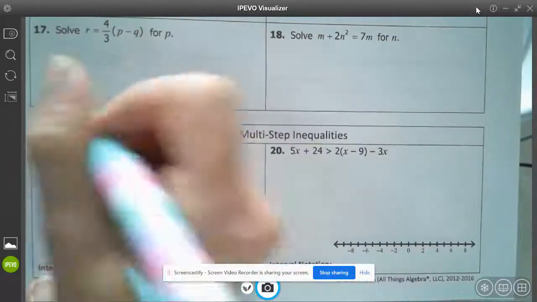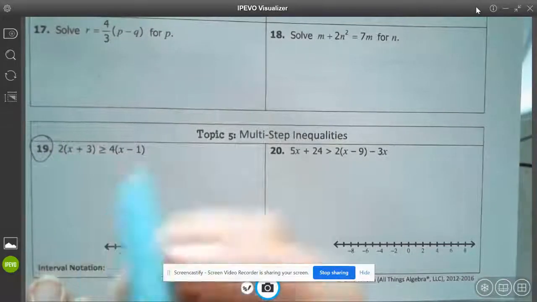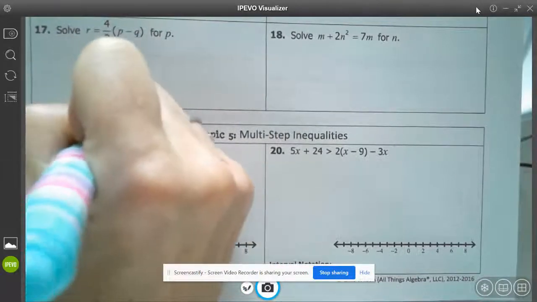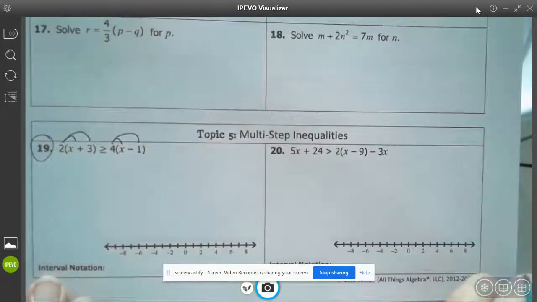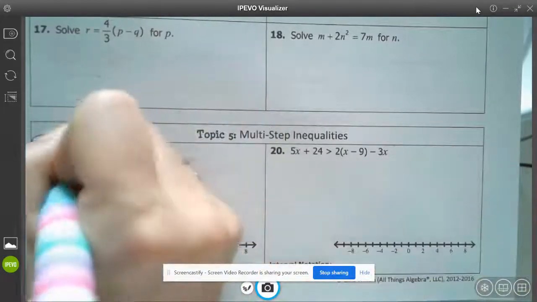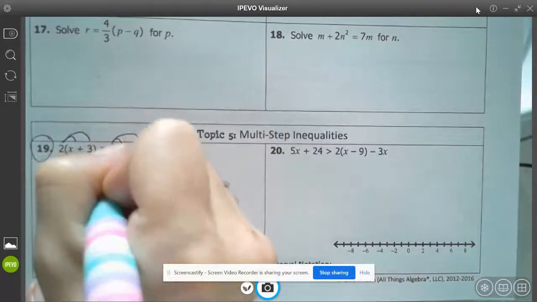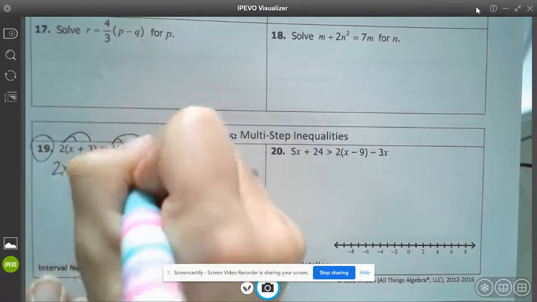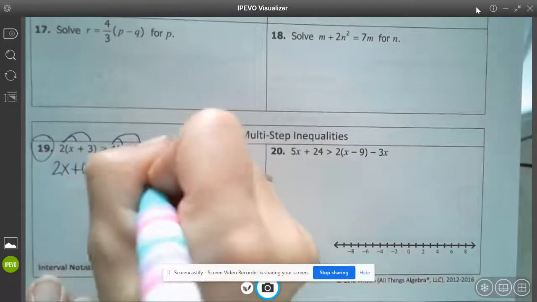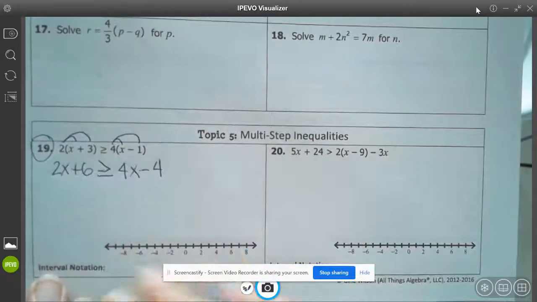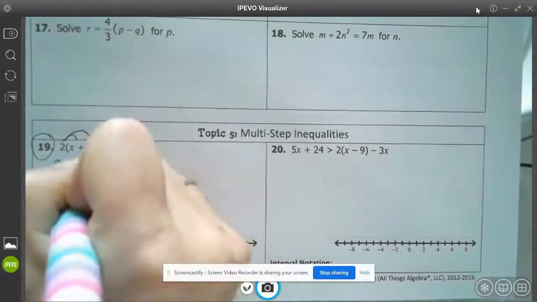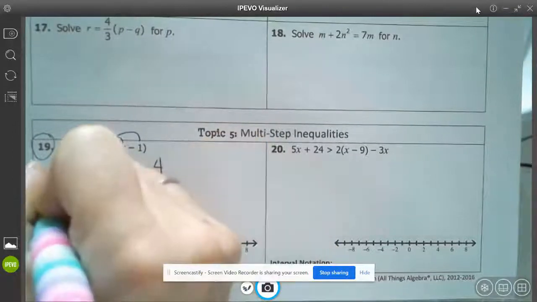So let's find x here. We're going to distribute first, and then we have 2x plus 2 times 3 is 6. It's greater than or equal to 4x, 4 times negative 1 is negative 4. And then I start combining like terms. I'm going to get rid of this one here, combine it with this one.